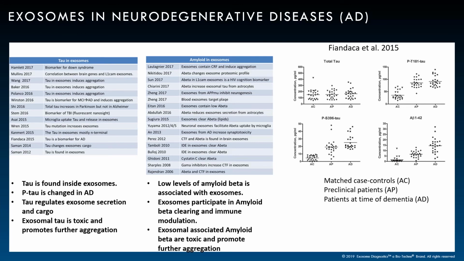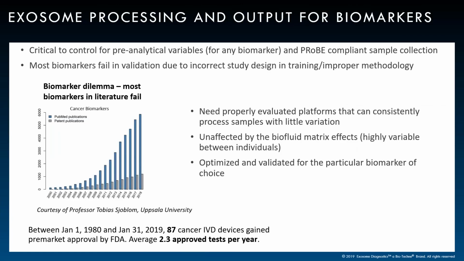However, I want to raise a sign of caution because there's a lot of hype in the biomarker space in general. This has nothing to do with exosomes per se, but has to do with biomarkers. The biomarker dilemma today is that most biomarkers that are published in the literature fail. If you look at PubMed, for example, you can see that in 2018 there were close to 6,000 papers on exosomes, and there were over 1,000 patents on biomarkers alone in one year.